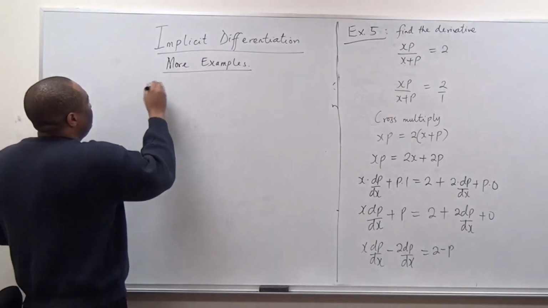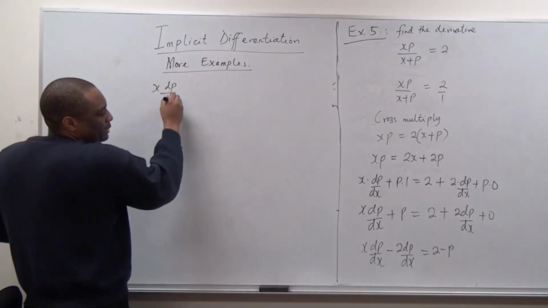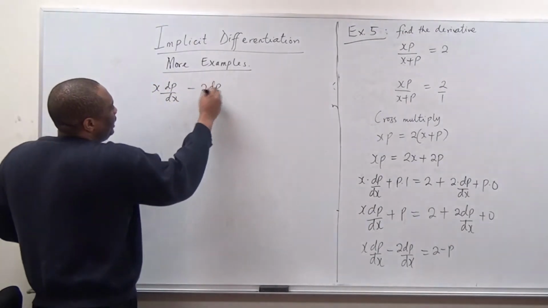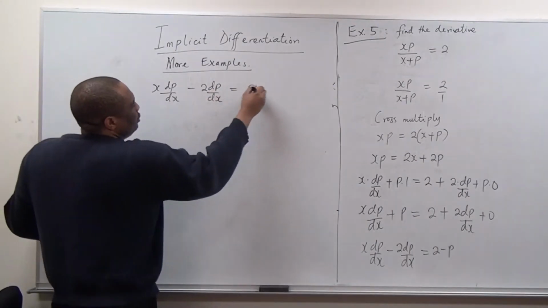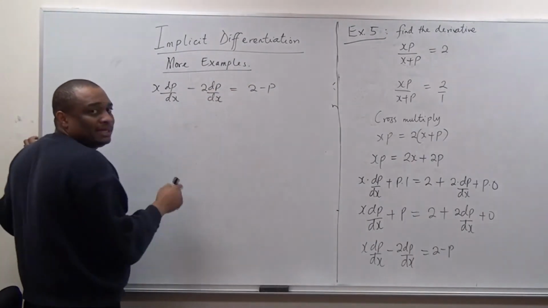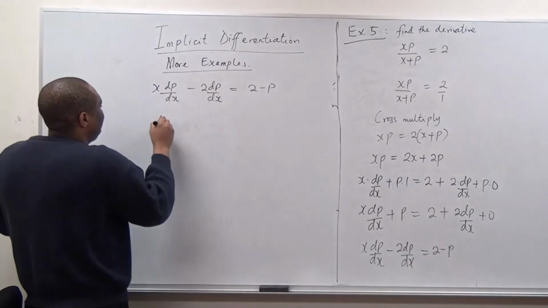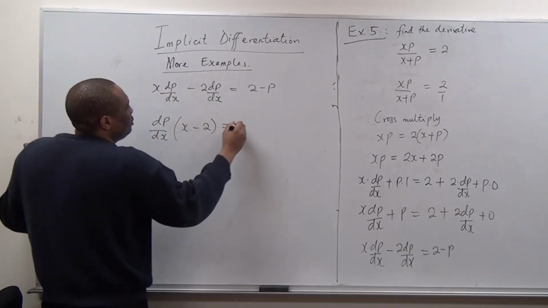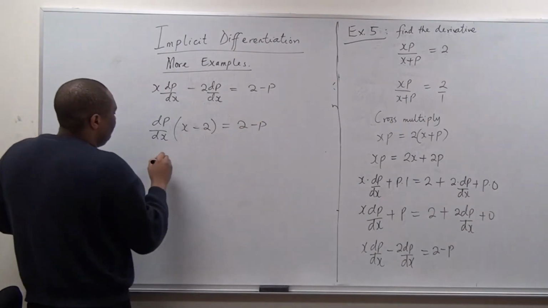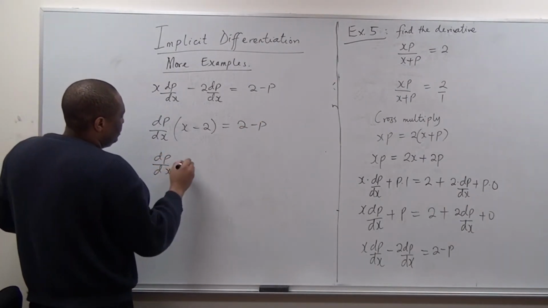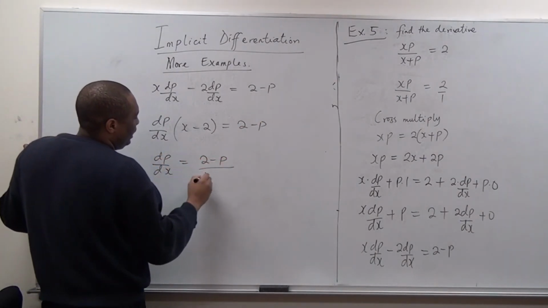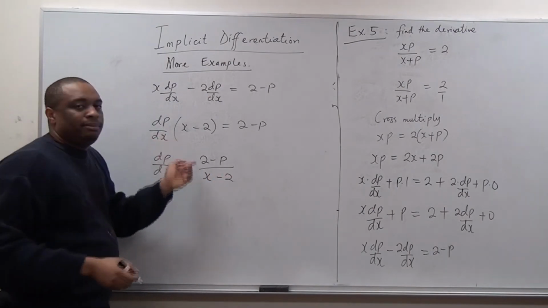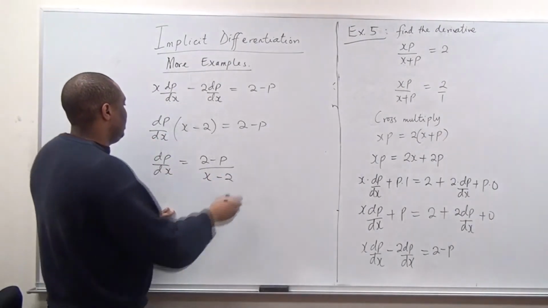Let me write it again: x dp/dx minus 2 dp/dx equal to 2 minus p. The dp/dx is common, bring it out. dp/dx, you have x minus 2 equal to 2 minus p. So dp/dx will give us 2 minus p over x minus 2, because you divide both sides by x minus 2. That's the answer.